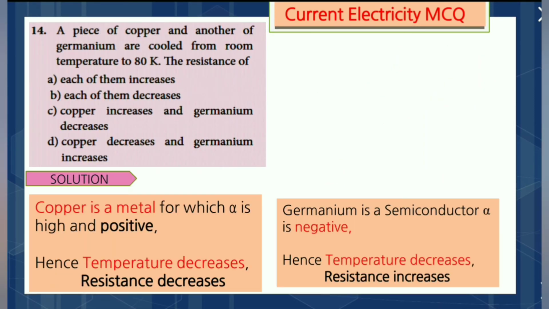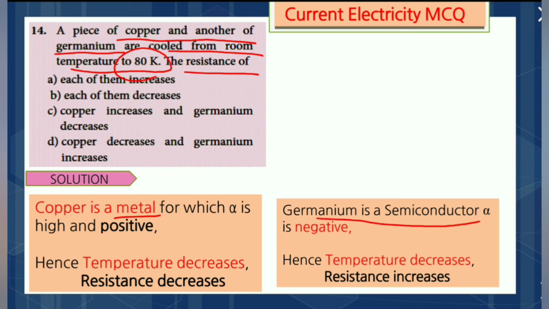So question number 14. A piece of copper and another of germanium are cooled from room temperature to 80 Kelvin. The resistance of both of the materials. Okay, so இது நம்மளுக்கு என்ன புரியணும் அப்படின்னா copper is a metal and germanium is a semiconductor. Metalக்கு alpha value, temperature coefficient of resistance வந்து positive.